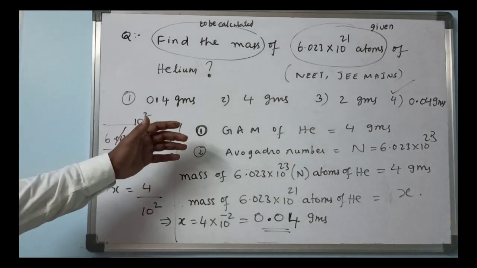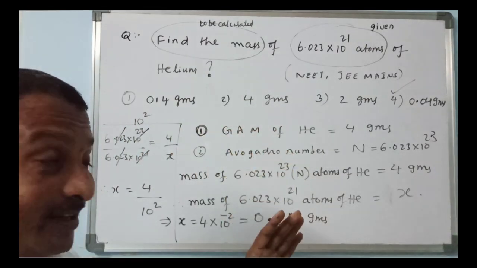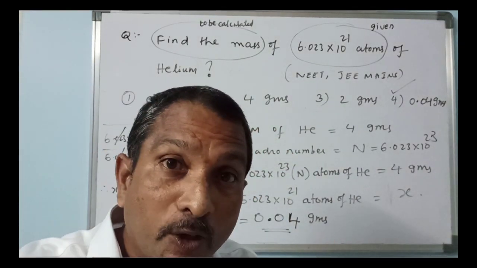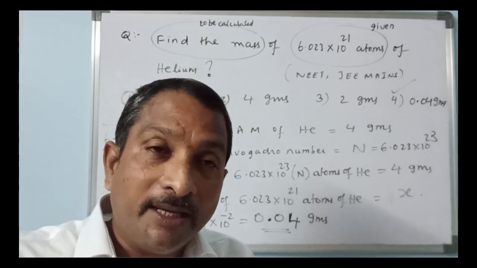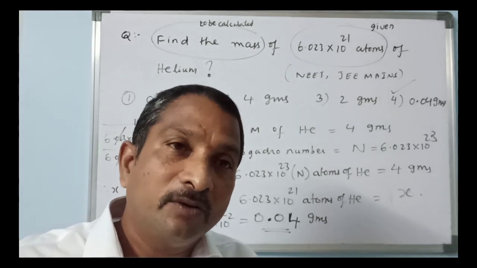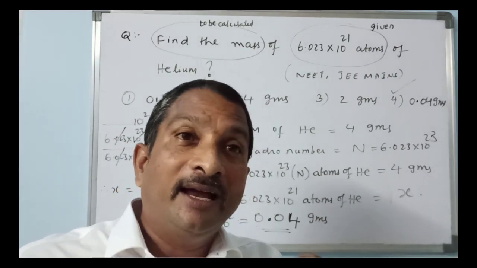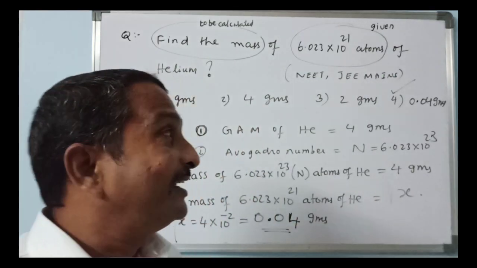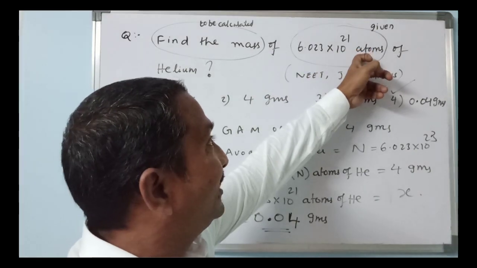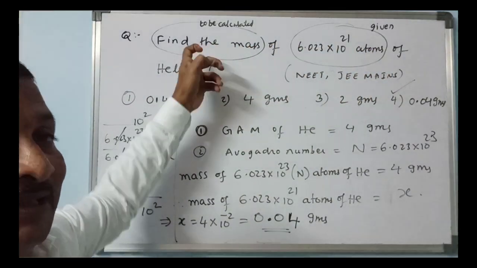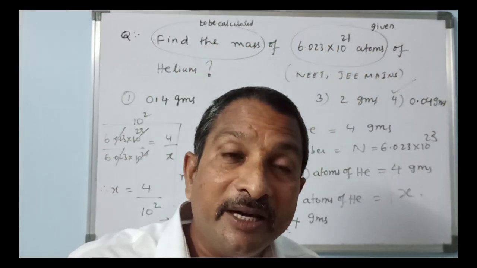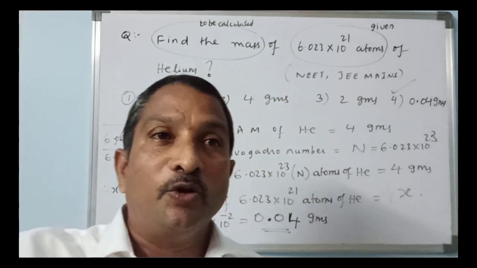See how I have calculated. Observe carefully. First you read the problem carefully, sometimes one time, two times. Okay. Then you notice the known value and the unknown value. Here the known value is the number of atoms. The unknown value is the mass. Then you go for writing the relation between the known value and the unknown value.